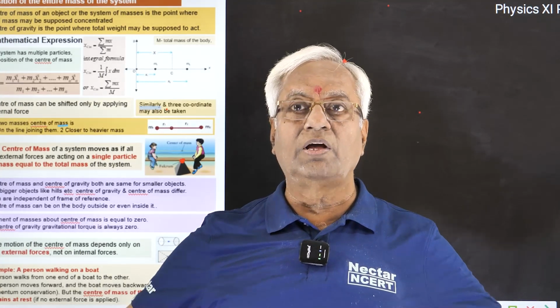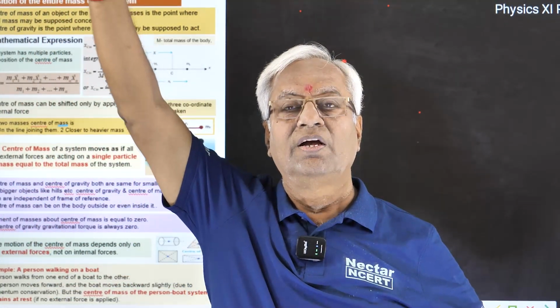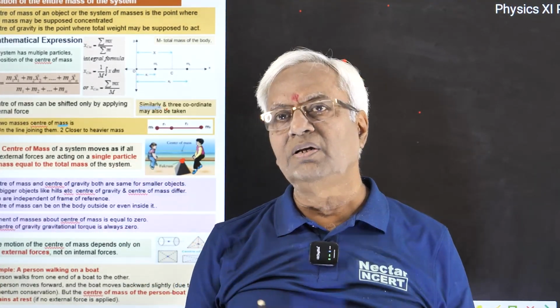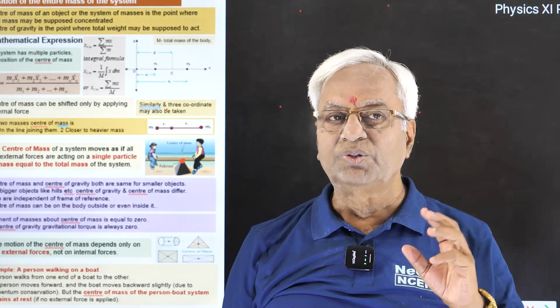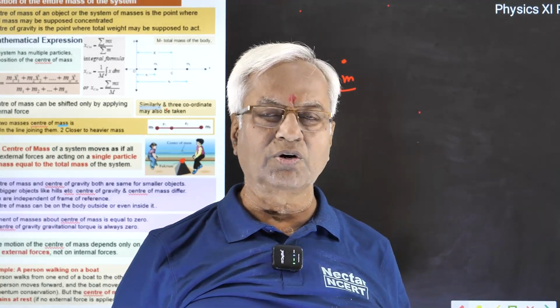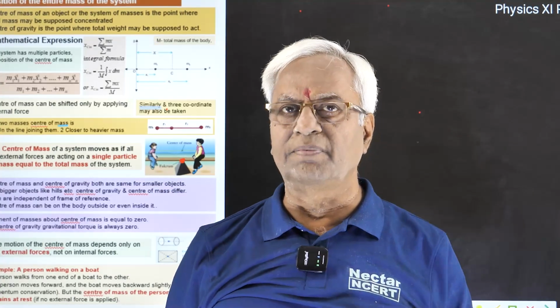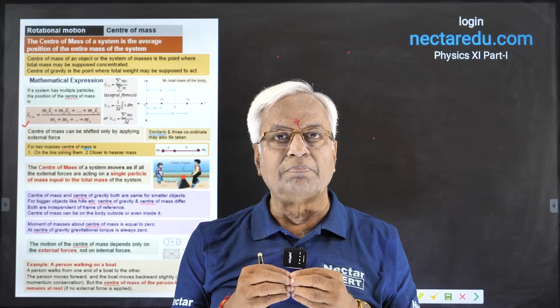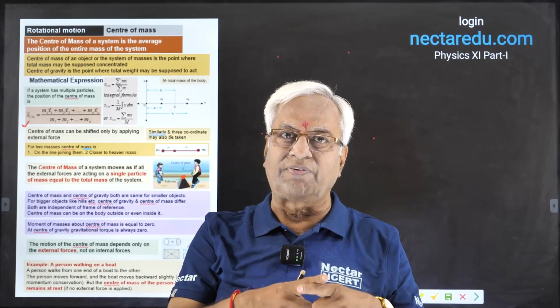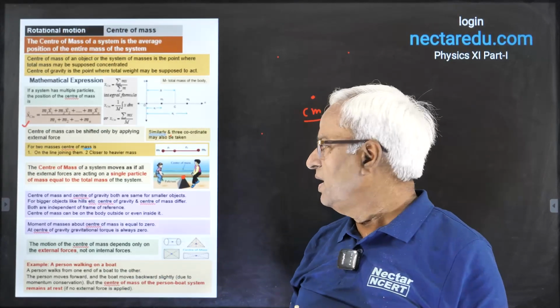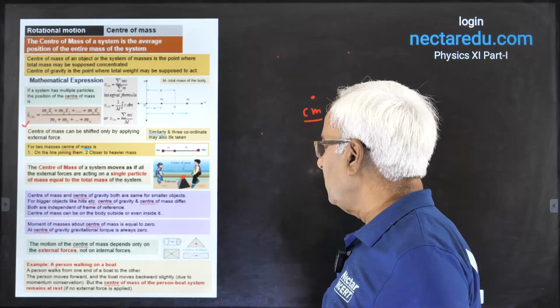But if you are talking about big things like hills and many other big things, then their CM and CG will differ. Remember, when I am talking about a block, I may say CM, I may say CG, both the same. These points might be on the surface, inside the body, even they could be outside the body as well.